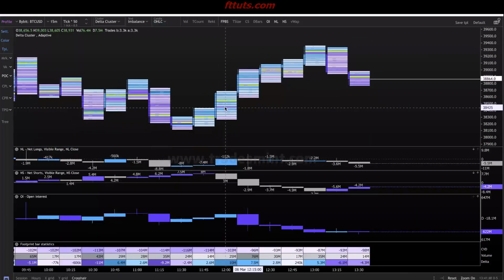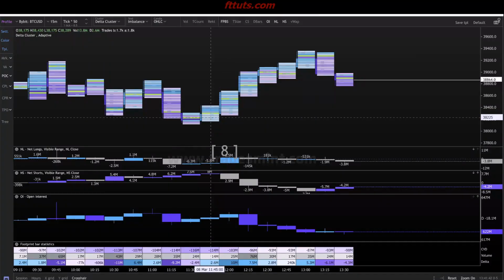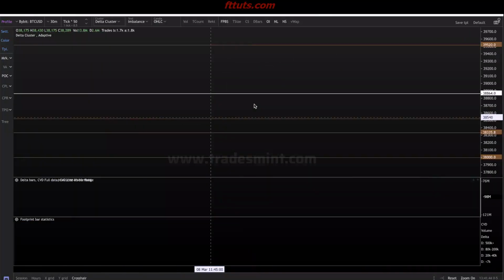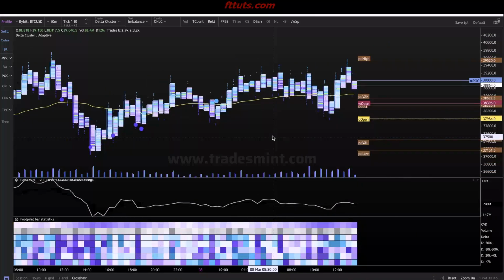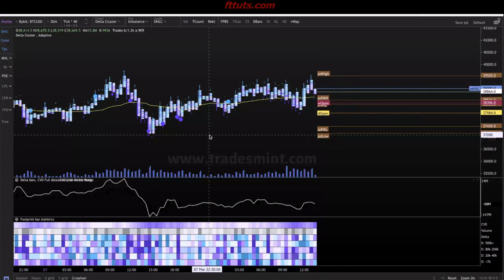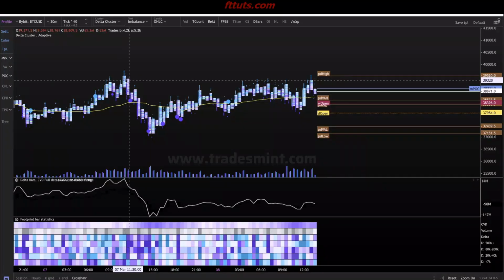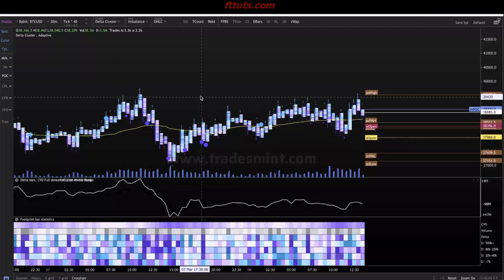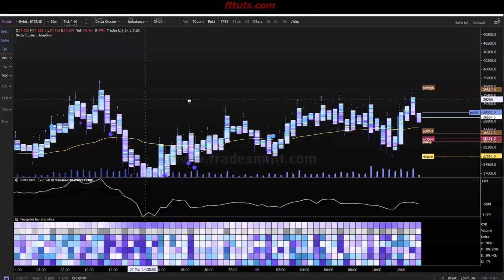This is showing you where most of the volume was transacted. So if we zoom out here on these footprint charts, we can start to see where most of the volume was transacted. If we're really zoomed out, we can see those really dark areas. For example, right up here, we can see a lot of volume transacted. It can act as resistance if price comes back up to touch that level, especially if we have a point of control.